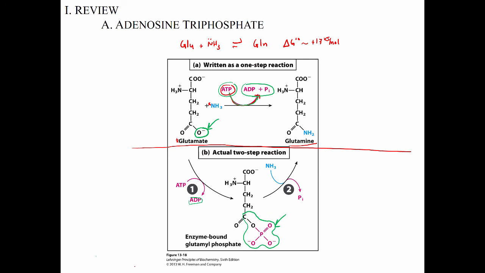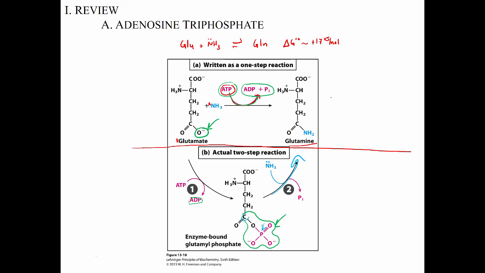And they're not showing this chemistry, but ammonia is a nucleophile, and it can now nucleophilically attack this electrophile, and the phosphate will be our leaving group, and what is generated is glutamine. That's energetically efficient, and we have used the energy in ATP and the introduction of this good leaving group to make glutamine from glutamate.